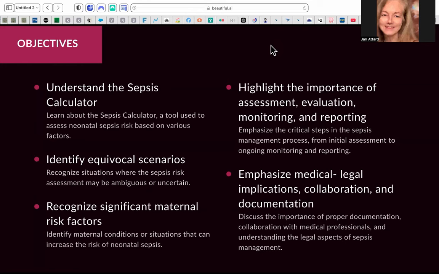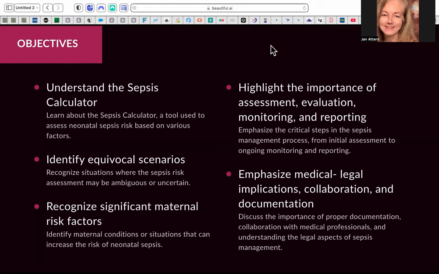We're going to highlight the importance of assessment, evaluation, monitoring, and reporting, and identify each critical step along the way, circling back, talking to the team, collaborating, communicating, documenting, all along the way.